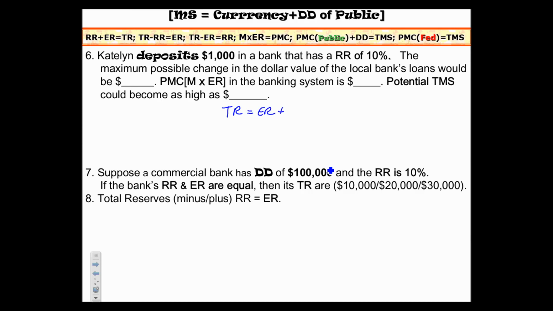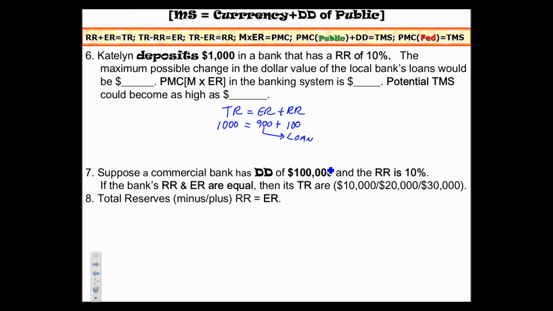Now, this deposit is not necessarily the bank's entire total reserves, but we're going to play this game where we say 1,000 of it becomes part of total reserves. Of that 1,000, 10% becomes required reserves. The other 900 is the bank's excess reserves. This is what the bank is allowed to loan.